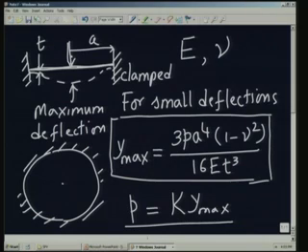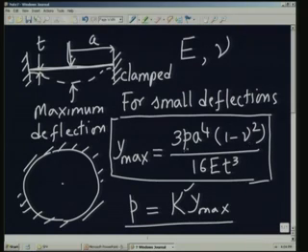So, what am I going to do in my practical application? I am going to measure the Y max, and if I know the gauge factor k, which is nothing but, you can see here, p is equal to k times Y max, k is nothing but 16 E t cube divided by a to the power of 4 into 1 minus nu squared. So, you see that this gauge factor is given in terms of the geometric and the physical parameters.